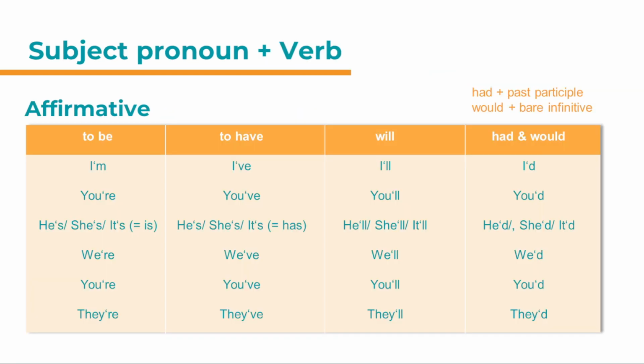Let's have a look at some contractions. First of all, subject pronouns and verbs. These are all affirmative. First of all, for the verb to be. I will say the contraction out loud and I'd encourage you to repeat them after me.